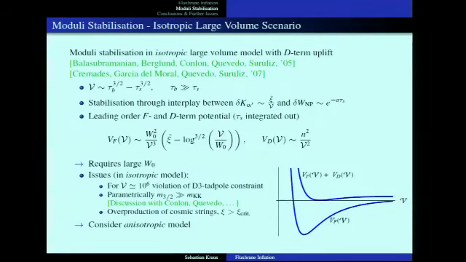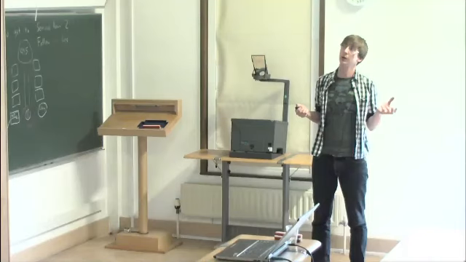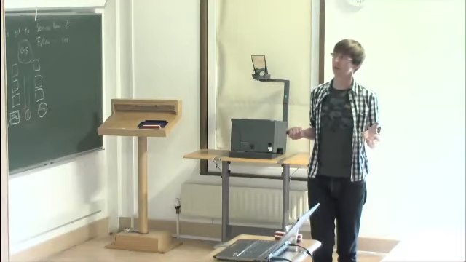Okay, all of this suggests that we should consider an anisotropic model where we have more freedom to accommodate the data. In our recent work, we considered a model which has 3 Kähler moduli, 2 of which are associated with large 4-cycles or 2-cycles respectively, and 1 which is diagonal and associated with a small 4-cycle.